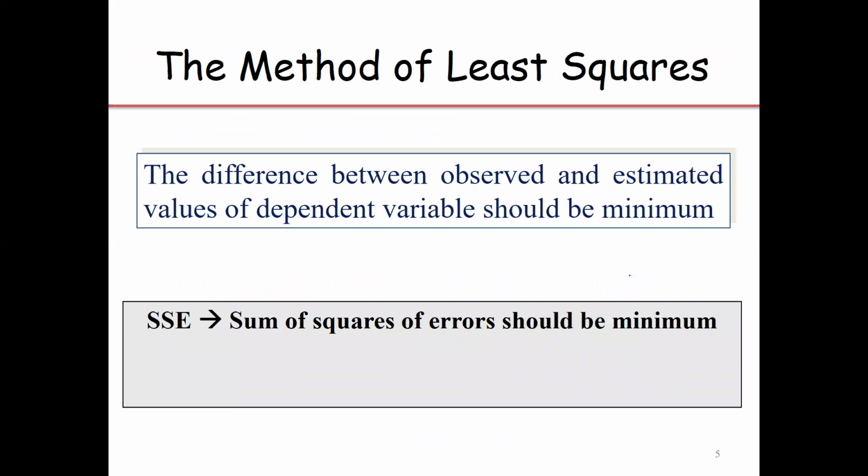SSE stands for sum of squares of error. Errors have to be squared and then summed. This is the equation which is minimized with respect to the betas, so that we can get the estimates of these betas.